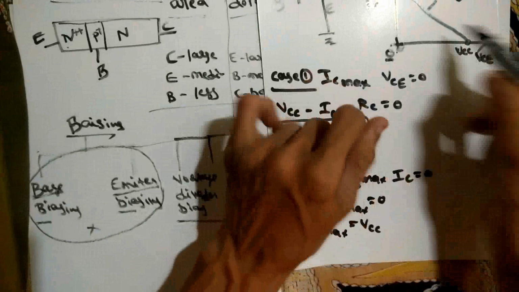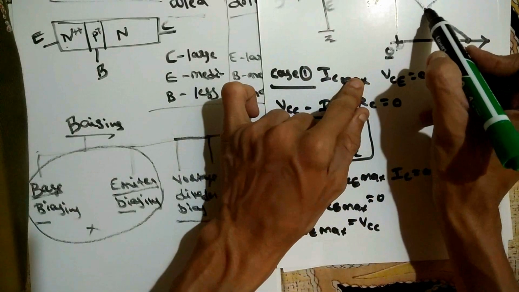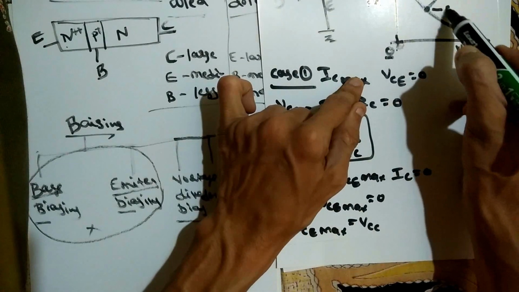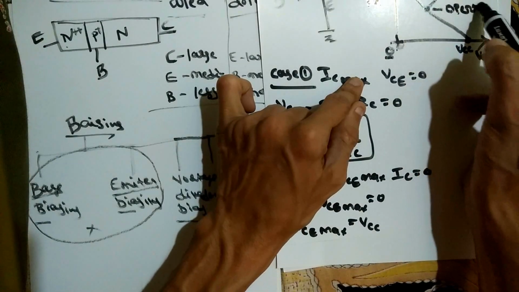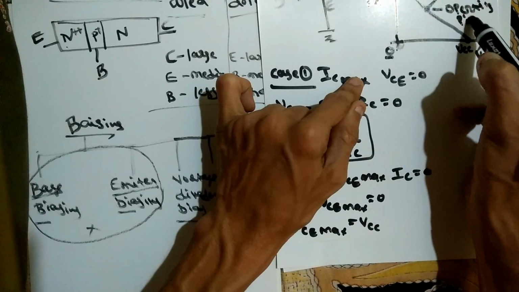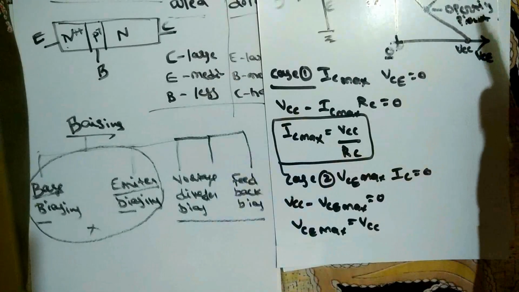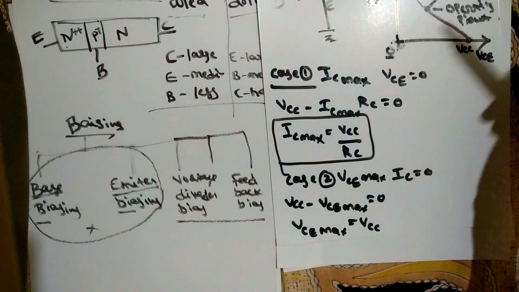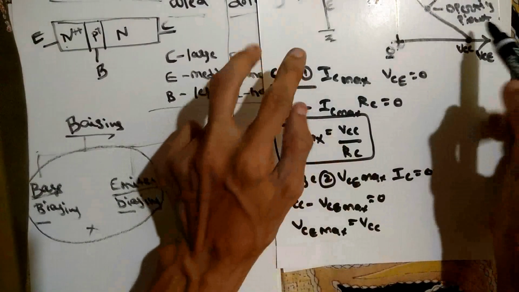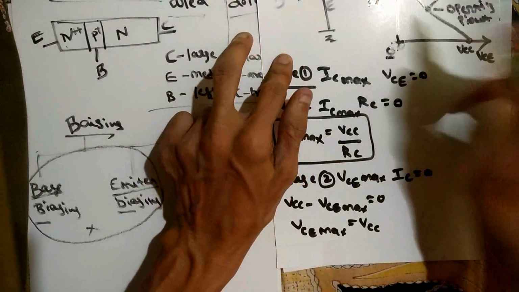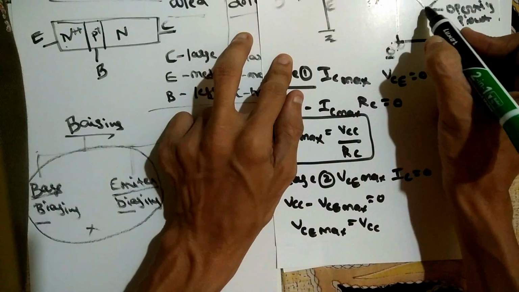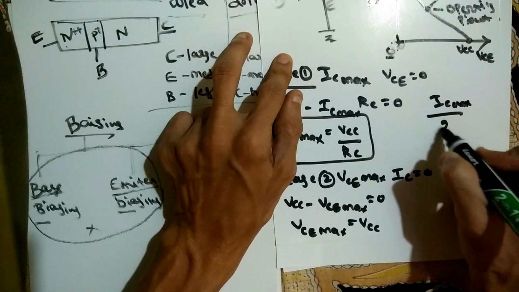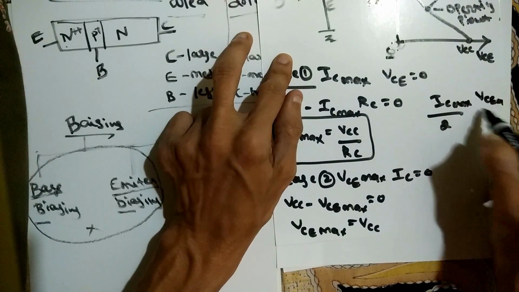If you take a middle point between IC max and VCE max, this is known as the operating point, or Q point. This operating point is placed so that it is in the active region and the transistor acts as an amplifier. The middle point means IC maximum divided by 2 and VCE maximum divided by 2.